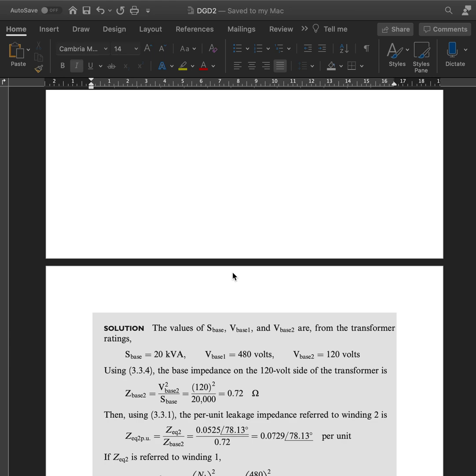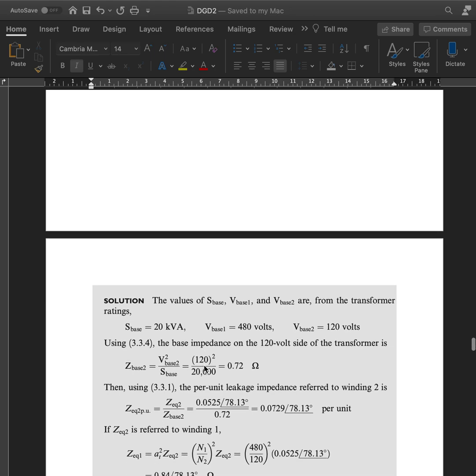Alright, let's see how we do this. We know the base value for the transformer is given to us, which is 20 kVA, 480 volts, and V base 2 is 120 volts. So we can find Z base 2 based on that, which is V base 2 squared, 120 volts squared, divided by 20,000. So we get 0.72 ohms.